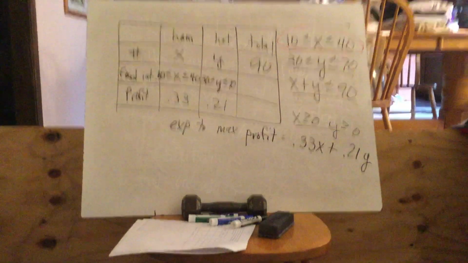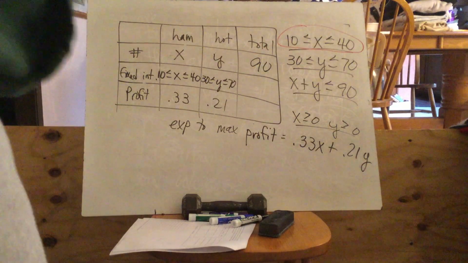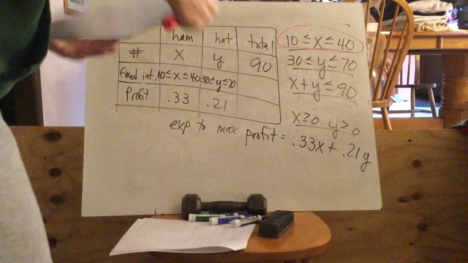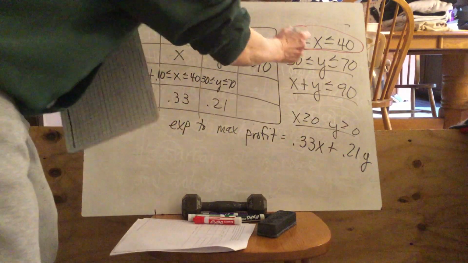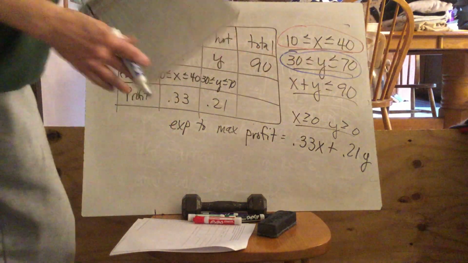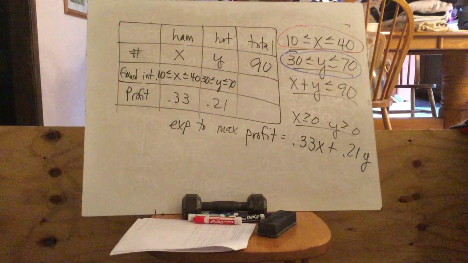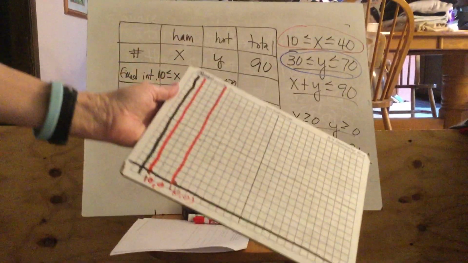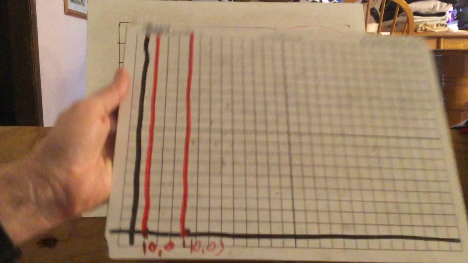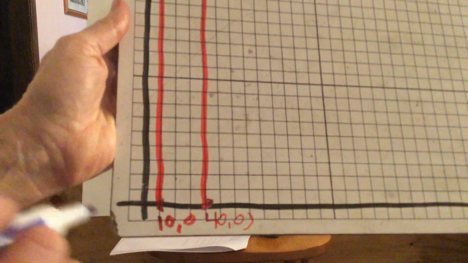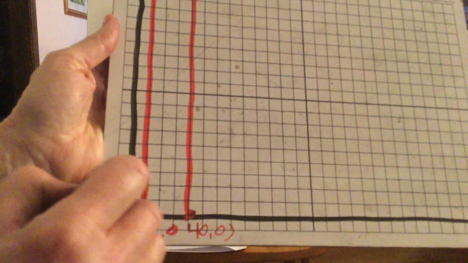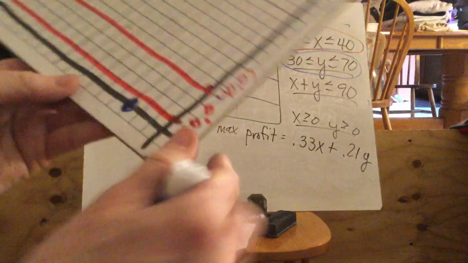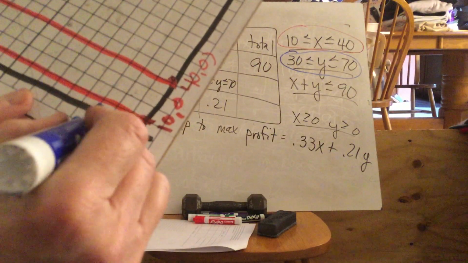Now, I'm going to do the same thing with Y. I'll use blue for Y. Only now I'll go to the Y-axis. Here's my Y-axis. And I'll go up to 30, 10, 20, 30. So that's the point 0, 30.